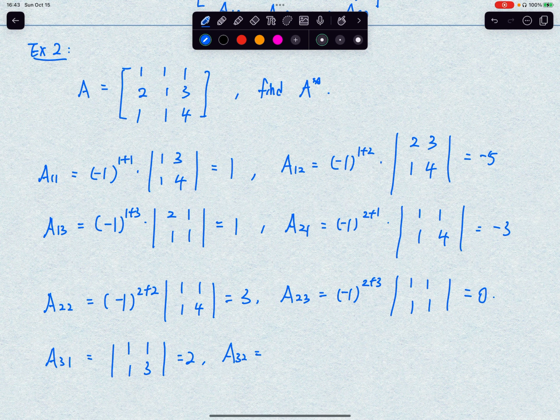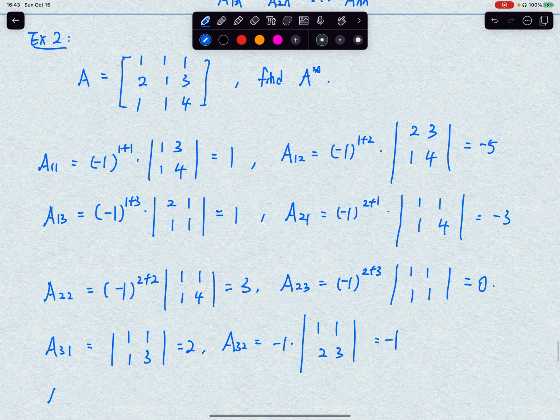A32 equals minus 1 times the determinant of 1, 1, 2, 3, so that is minus 1. Similarly for A33, it equals minus 1 to the 3 plus 3, so that is 1, times the determinant of 1, 1, 2, 1, which gives us minus 1.